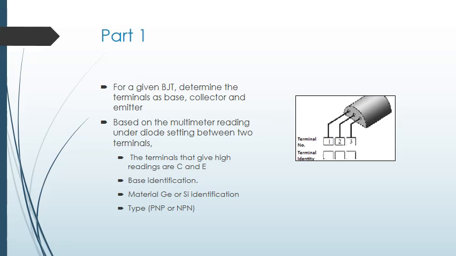The terminals that give high readings are C and E. So the other terminal is then base. Then we can also determine whether the material is germanium or silicon based on our reading. And then we can also determine the type of transistor, PNP or NPN, which will be shown during the demo of the lab.